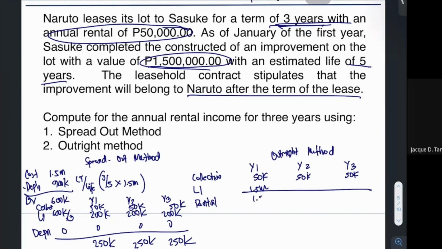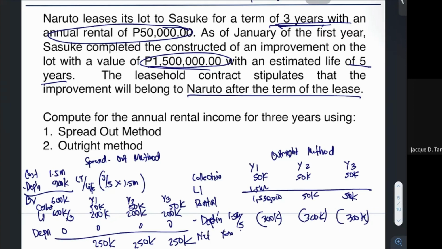This is 1,550,000, 50,000, and 50,000. And you can deduct your depreciation and you can divide the leasehold improvement over the life. So this is 300,000, 300,000, 300,000. So our net taxable income will be 1,550 less 300 is 1,250,000. So this is negative 250, negative 250.